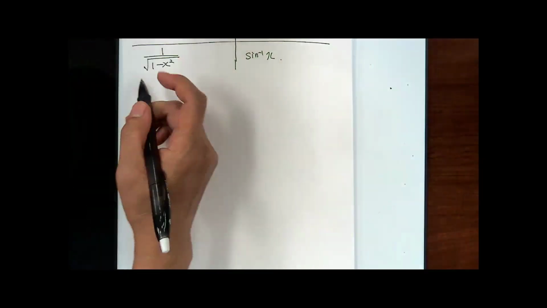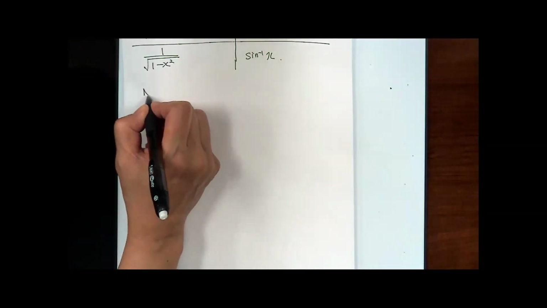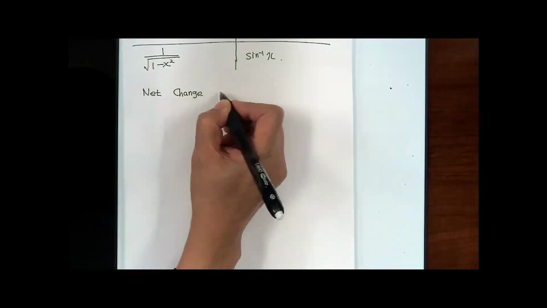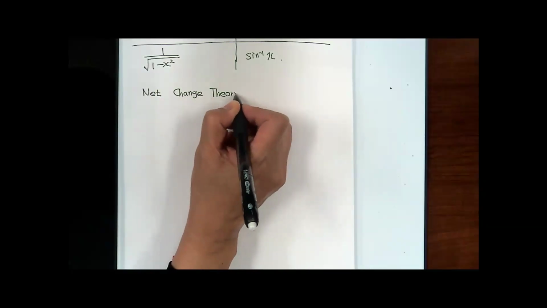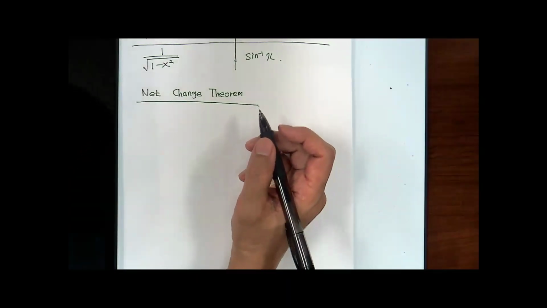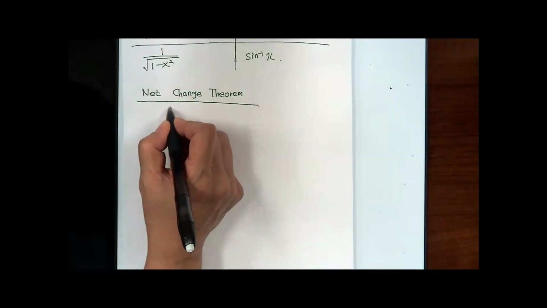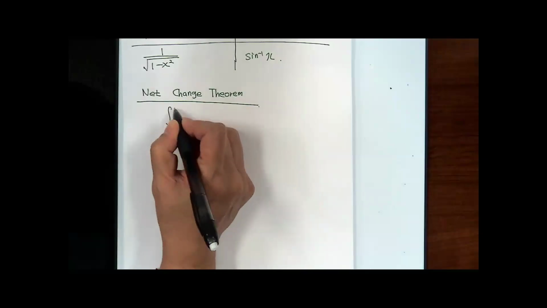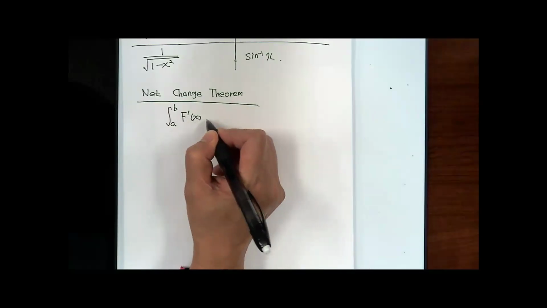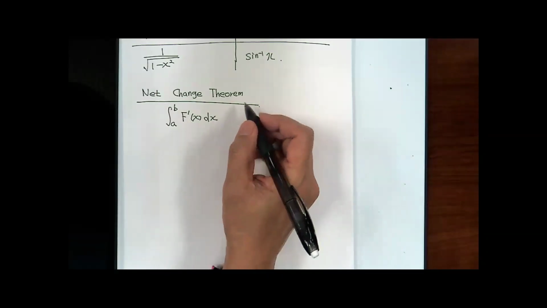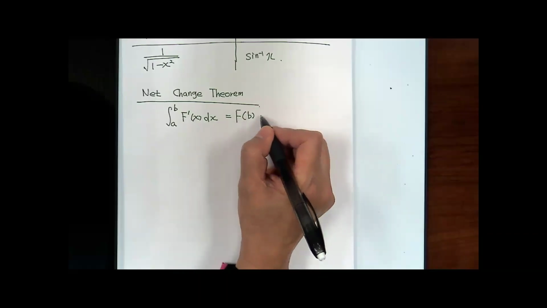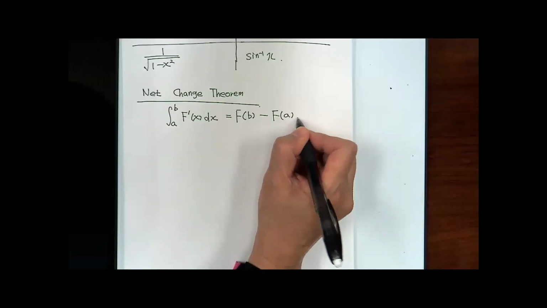The next important theorem is net change theorem. Net change theorem means when we integrate the function which is differentiated from a to b, that is large F of b minus large F of a.